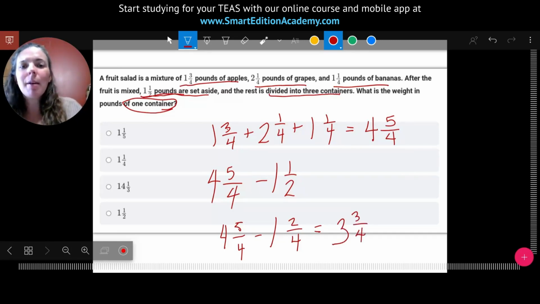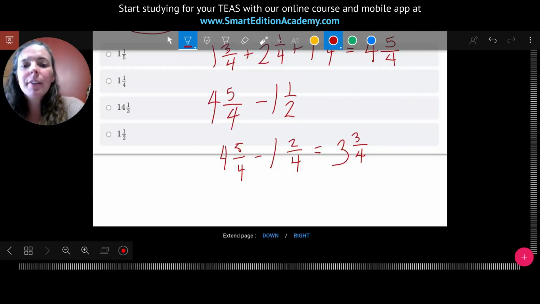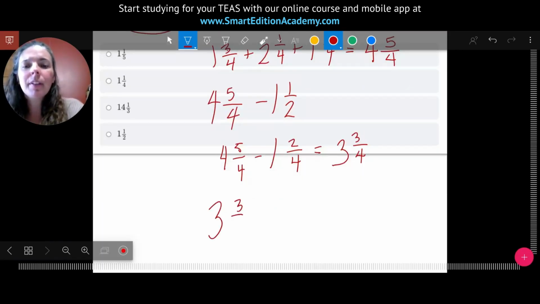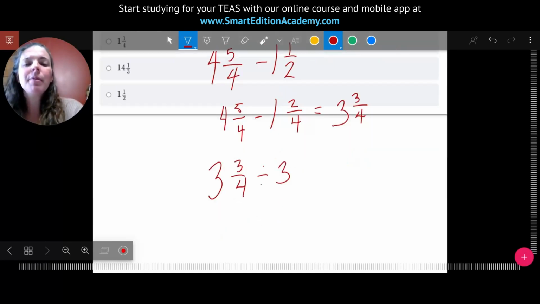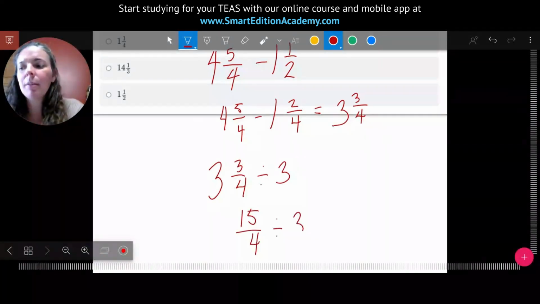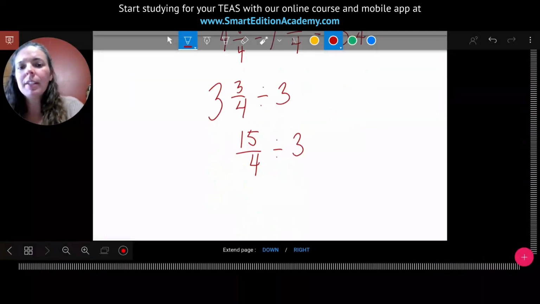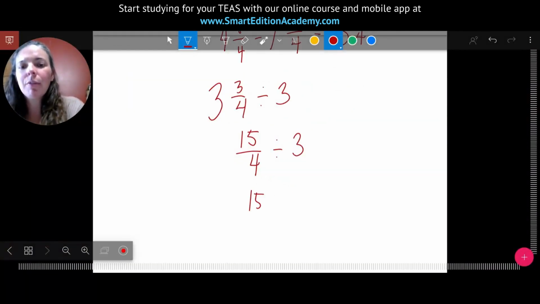Now my last step. It's divided into 3 containers and we need the weight of 1 container. So take your total and divide by 3. Okay, so typically when I'm dividing with fractions, I like to turn these into improper fractions. So 4 times 3 is 12, plus 3 would be 15. So 15/4 divided by 3 is the same thing as 15/4 times 1/3.